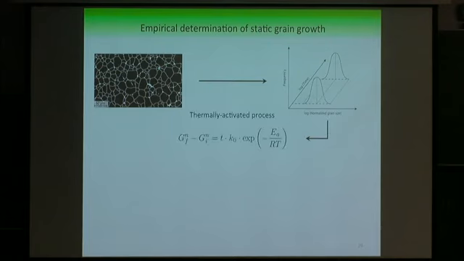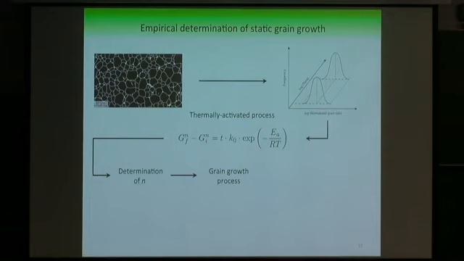And then usually what is done is that we try to fit it to this Arrhenius form equation, where G is the grain size. So my grain size is not a D, it's a G. Where the final grain size to the power n minus the initial grain size to the power n is equal to a temperature and time dependent process.